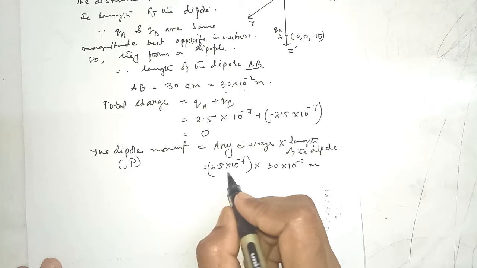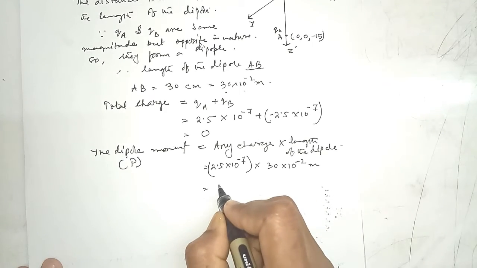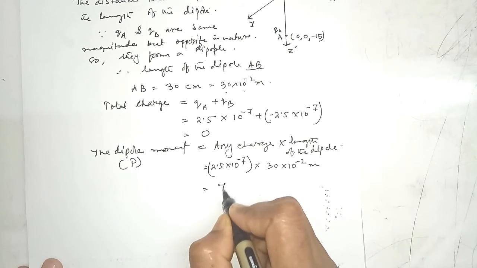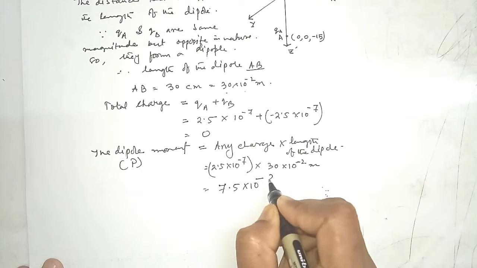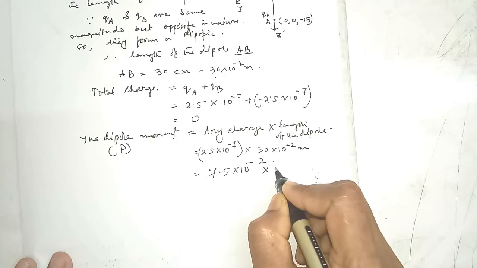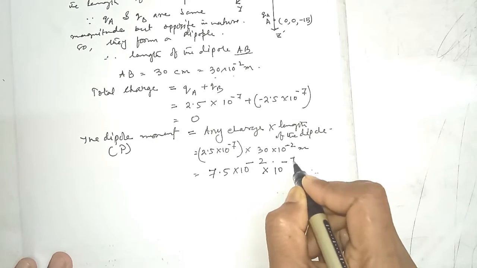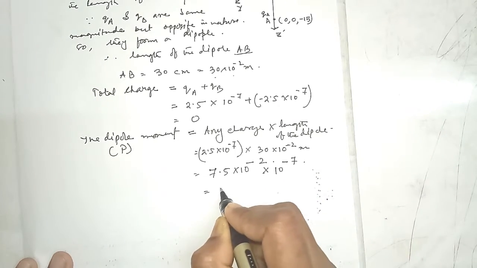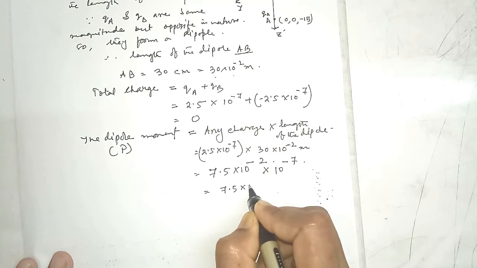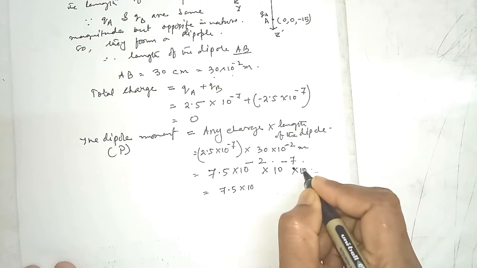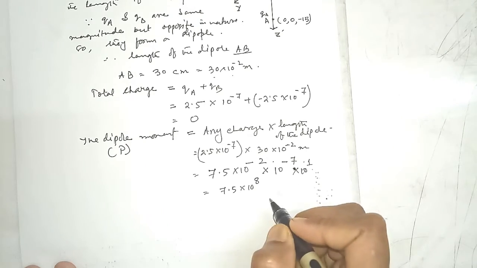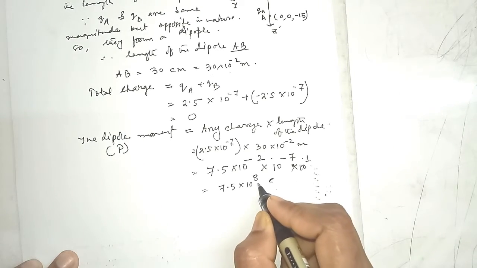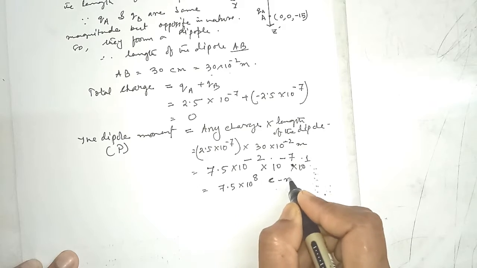So here we got 7.5 into 10 to the power minus 2 into 10 to the power minus 7, that is 7.5 into 10 to the power minus 8 coulomb meter.